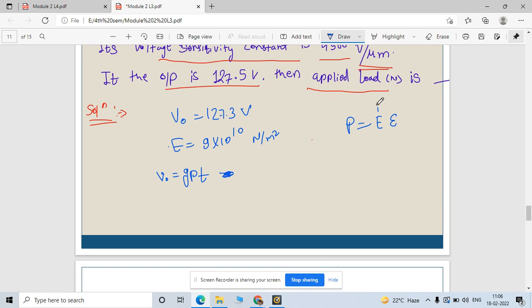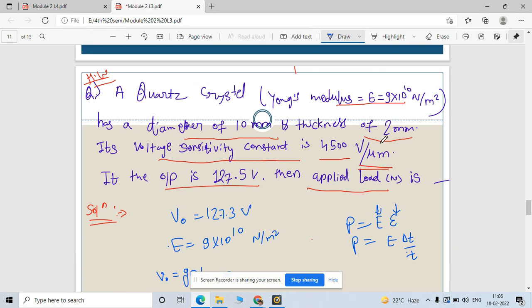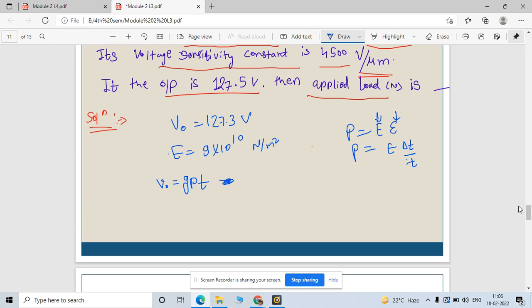So in that case this is your Young's modulus which is given in your question, and this is your strain, right? So P is nothing but your E, and this strain you can write as change in thickness divided by thickness. Sorry, here T is for your thickness. Okay, thickness दिया हुआ है यहाँ पे. So simple PT is nothing but your E into del of T.